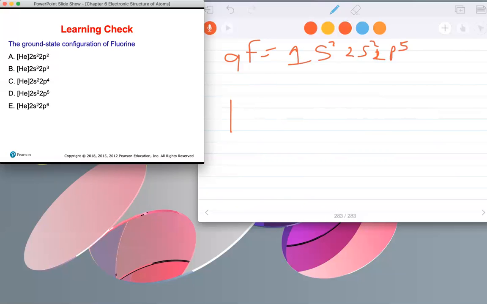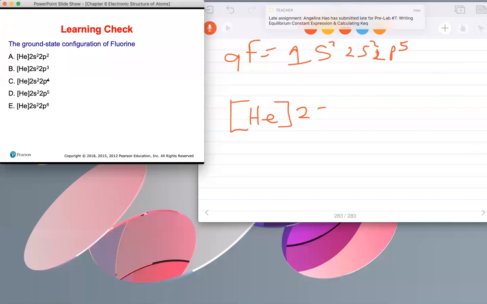For shorthand, helium is the group 8, and it will take care of 2 electrons. So this will be 2s2 and 2p5. This is how you go about answering a question along the condensed or shorthand.